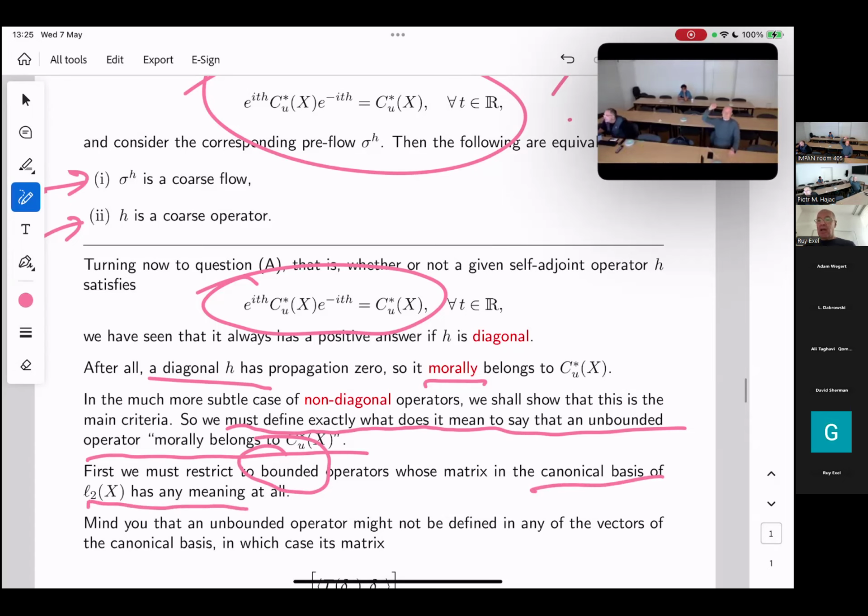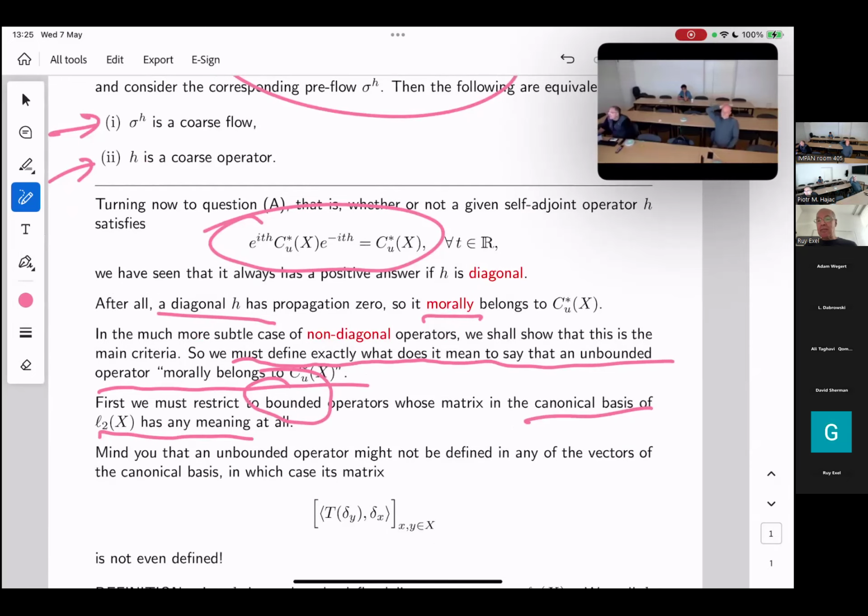all. So the point is that if you have an unbounded operator, then the unbounded operator has a dense domain, and there's no reason why it's defined on any of the vectors of the canonical basis, right?